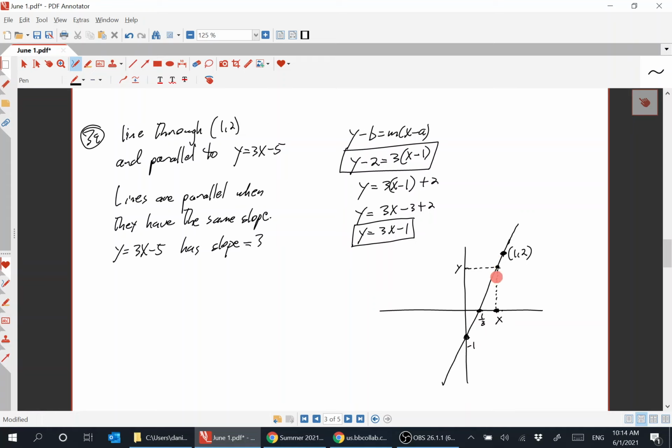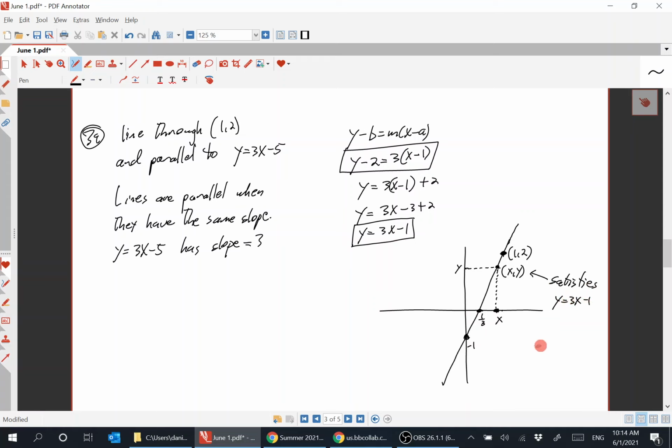Right, so at x, you travel vertically up or down till you hit the line, and then you stop, and then you travel horizontally left or right till you hit the y-axis. So this point is (x, y). And every point (x, y) satisfies this equation, y equals 3x minus 1.